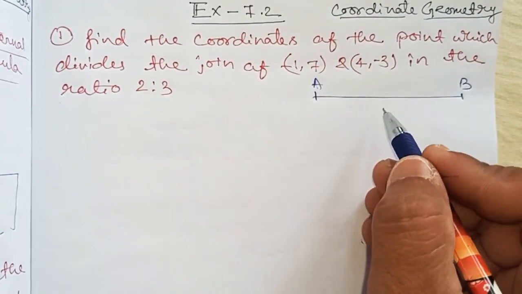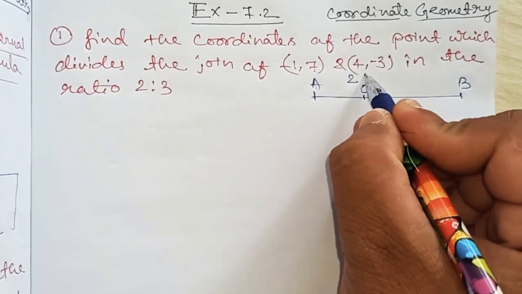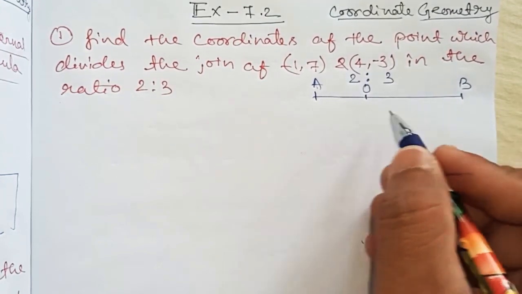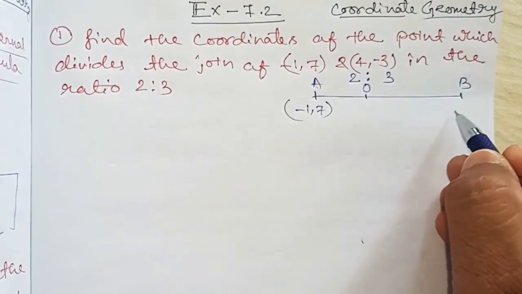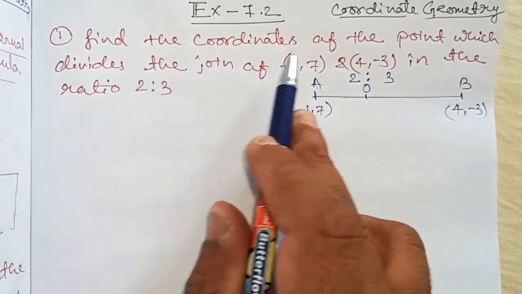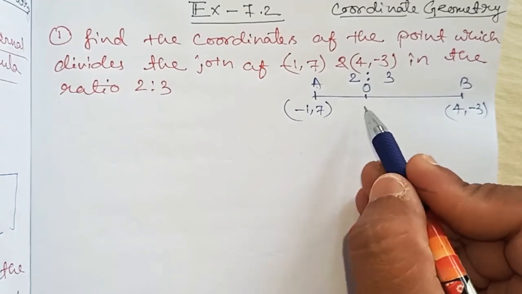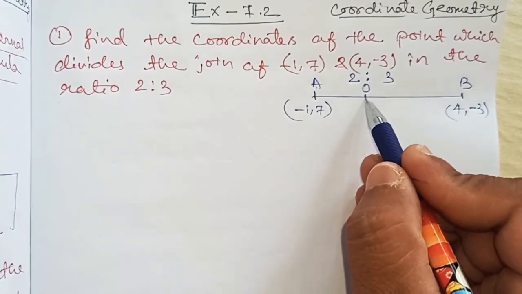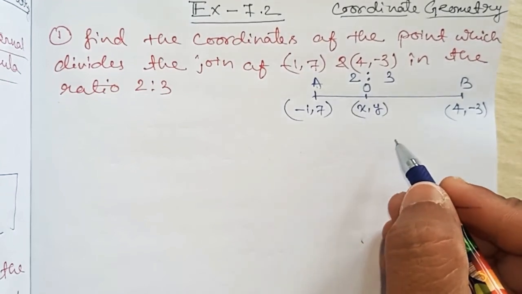Suppose it has been divided somewhere in the ratio 2:3. The first coordinate is -1, 7 and the last coordinate is 4, -3. We have to find the coordinates of the point which divides the line. This line has been divided by point O, so the coordinates of O are x, y.